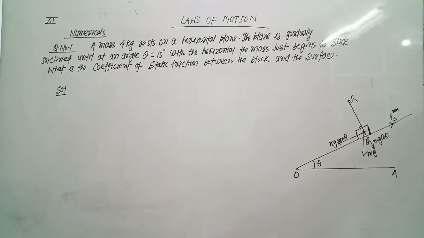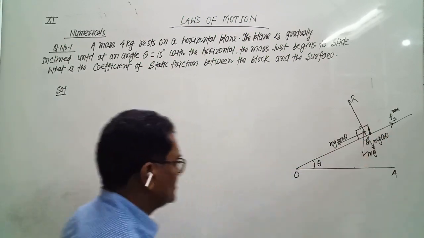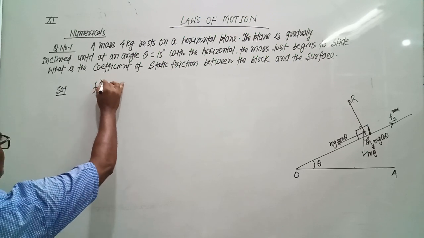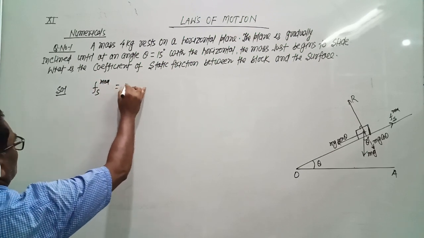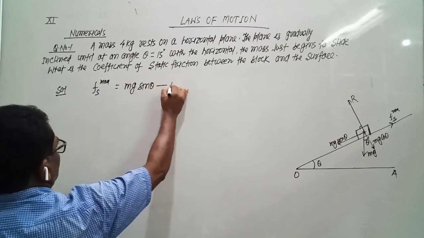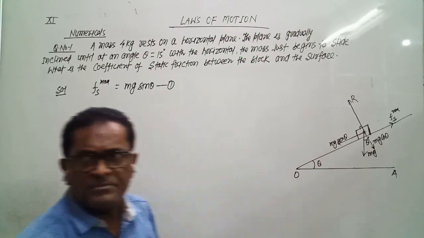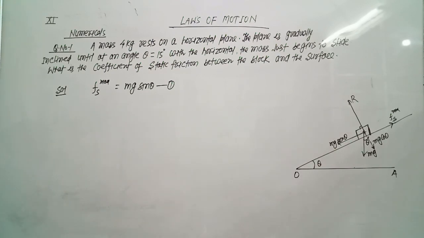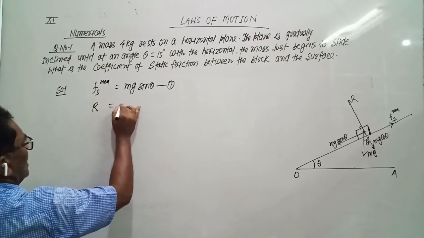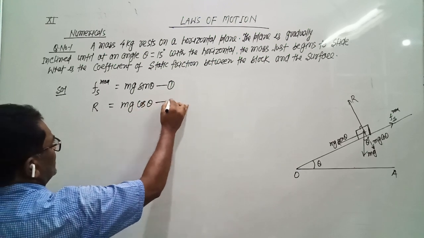So Fs maximum is equal to mg sin theta. This is the first equation. And R is equal to mg cos theta, where theta is 15 degrees.